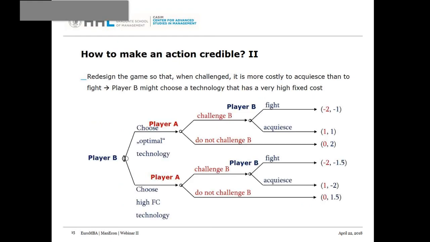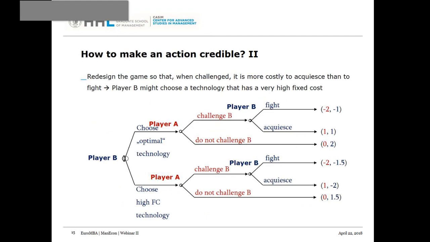So we could represent the situation using the following game tree. When you look at the upper part of the game, it's like it was before. So this is the optimal technology. I call it optimal in quotation marks, which will become clear in a moment.